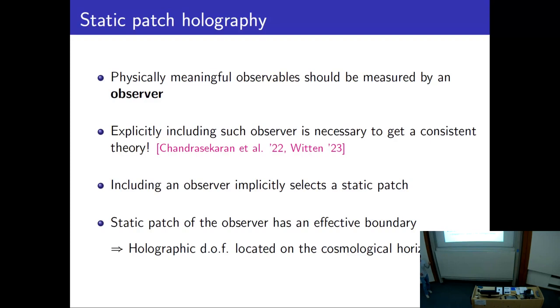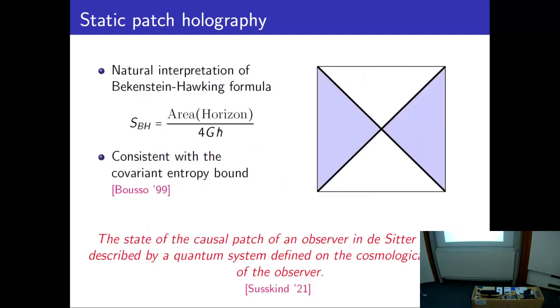The thing is that we just saw that a static patch has an effective boundary, which is located at the cosmological horizon. So intuitively, at least, this leads to the idea of locating degrees of freedom encoding all the physics happening in the observable universe on the cosmological horizon that bounds it. This is usually called static patch holography.